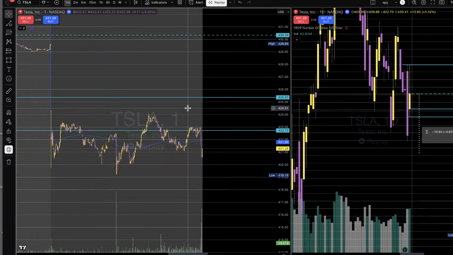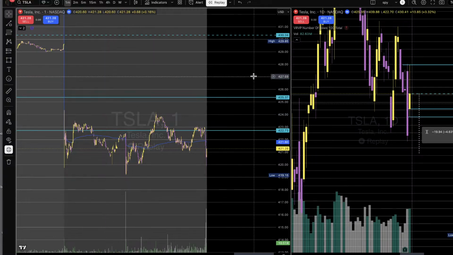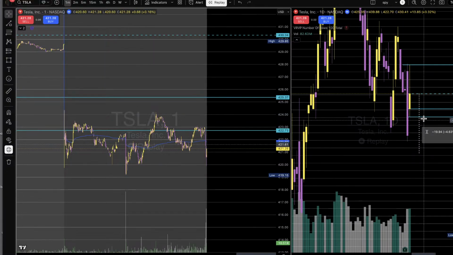So the question is, is this going to close the gap, or where it is right now, continue lower? Okay, so from where it is right now, will it continue lower or close the gap?